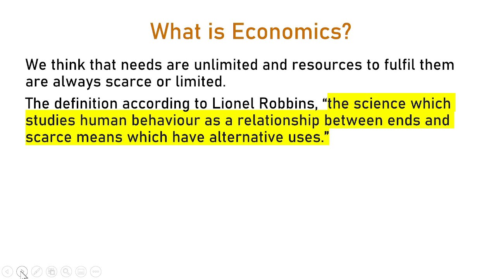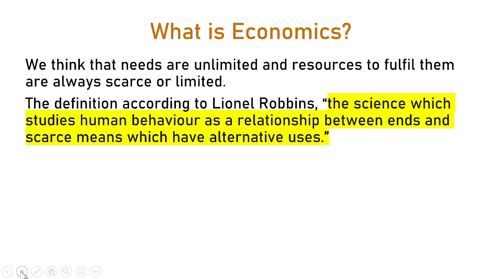This is the scarcity-oriented definition of economics, where the famous economist Lionel Robbins tells us about what economics actually means. According to him, economics is the science which studies human behavior as a relationship between ends and scarce means which have alternative uses. So we understand here, my dear students, that economics is a science, necessarily a behavioral science.